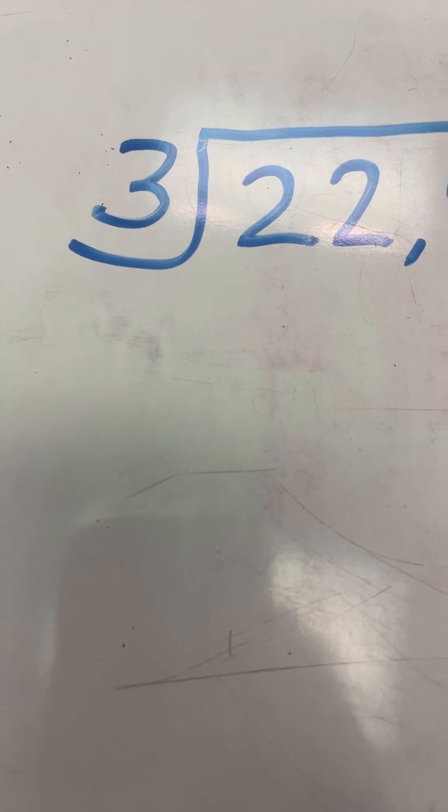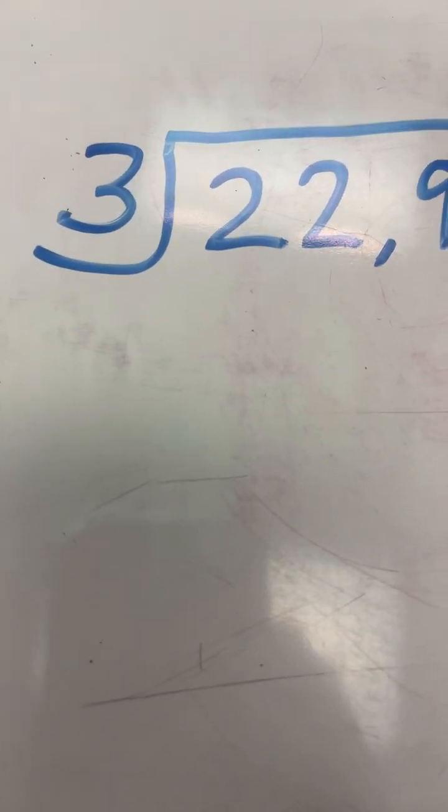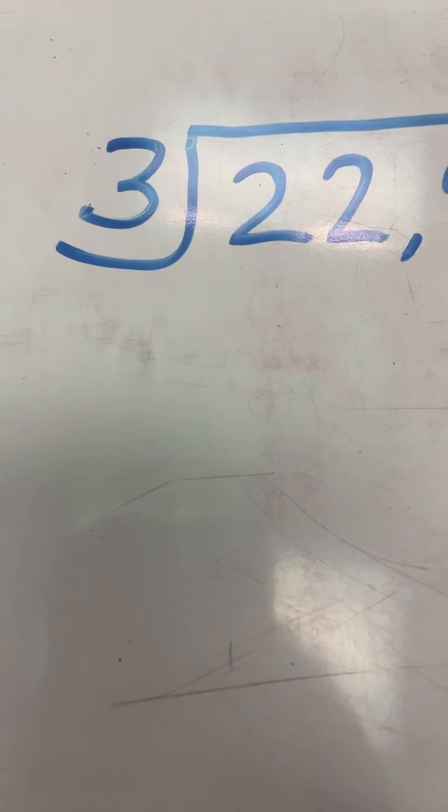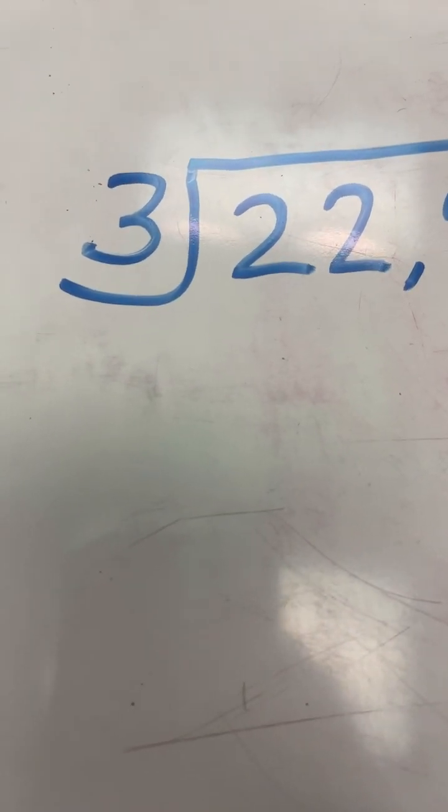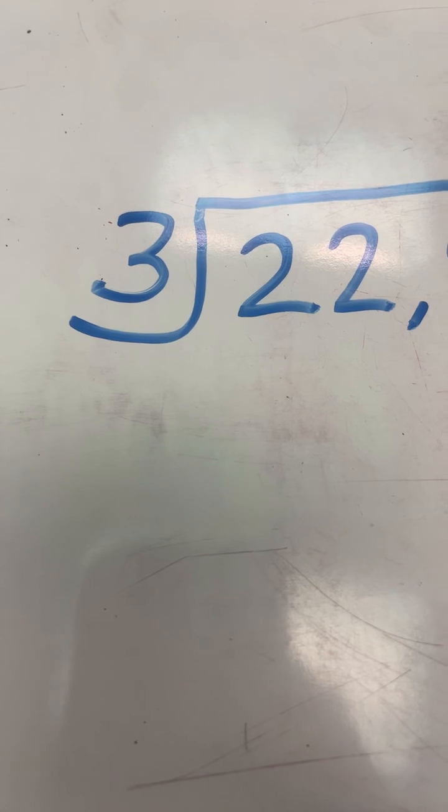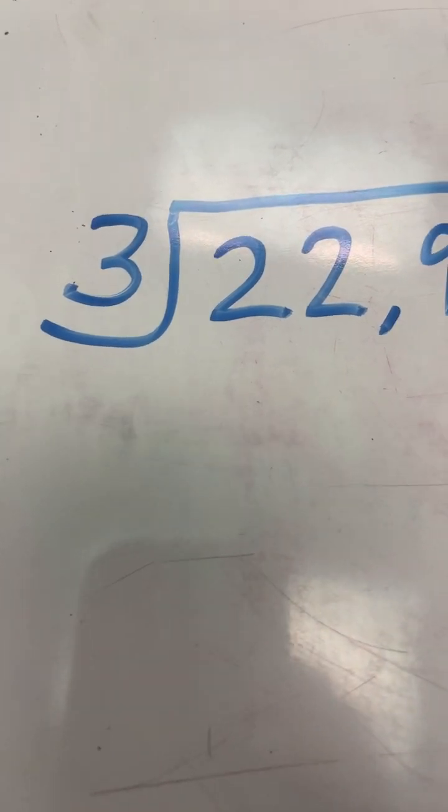There's going to be a remainder, but we can do 22 divided by 3. That's doable. So I am now going to skip count by 3s. I am going to count how many groups of 3 go into 22.